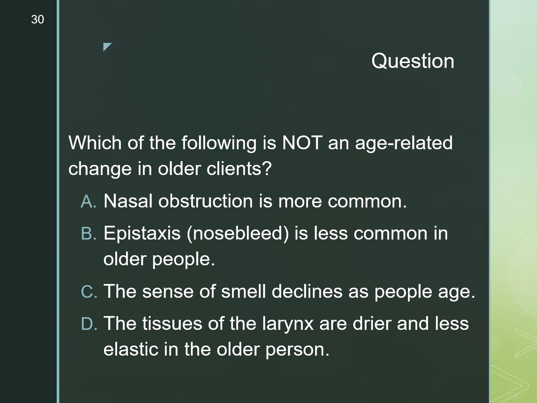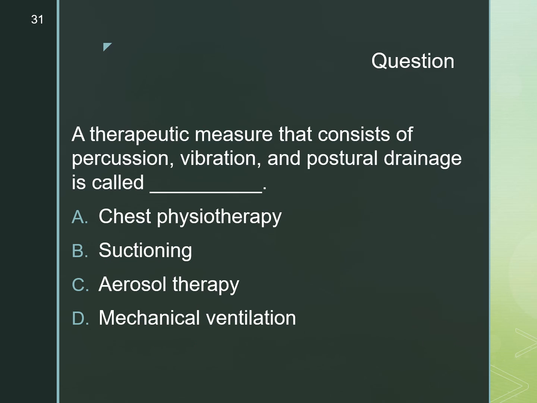Which of the following is not an age-related change in the older client? Epistaxis is less common in older people. A therapeutic measure that consists of percussion, vibration, and postural drainage is called? This is chest physiotherapy.